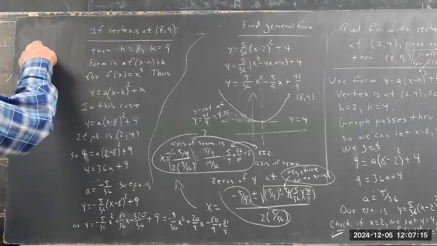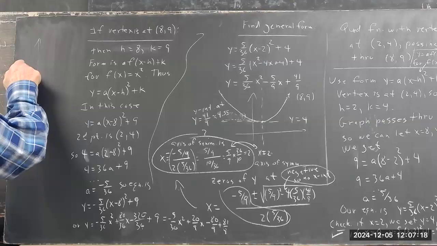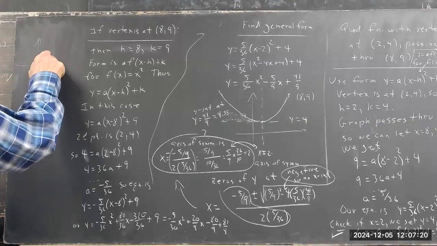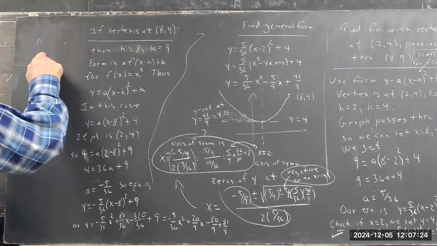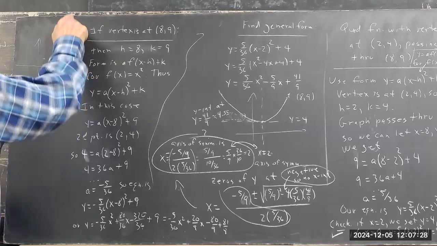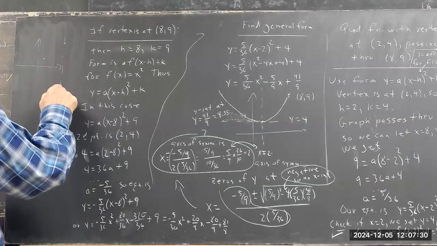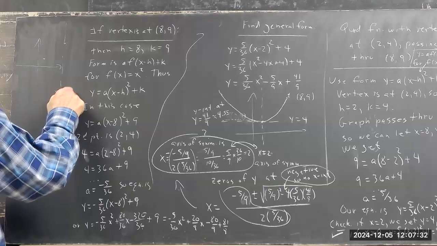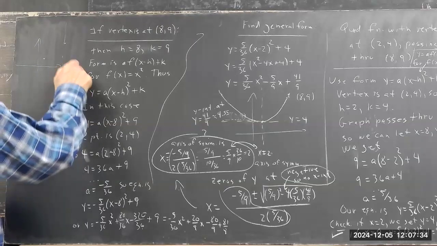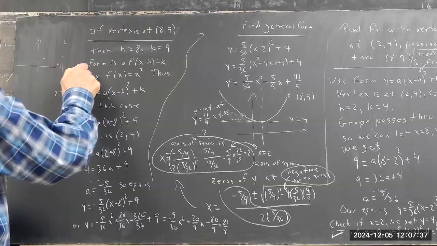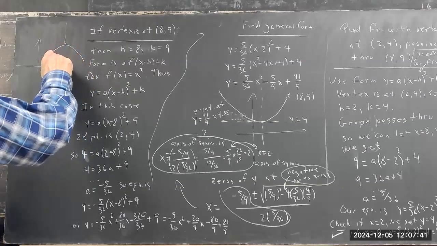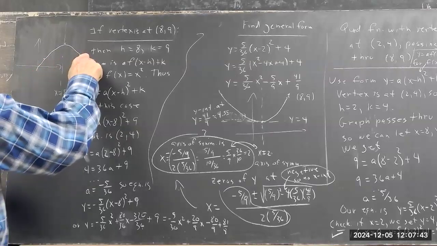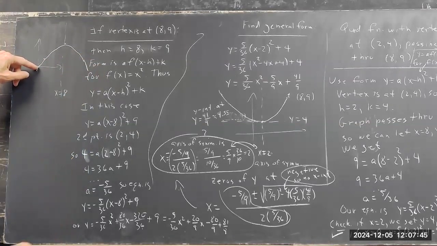If I sketch a graph, vertex here, the other point here, and here's our axis of symmetry. And I have another point here. So if I draw a parabola through here and through here, it looks like it comes pretty close to the origin.